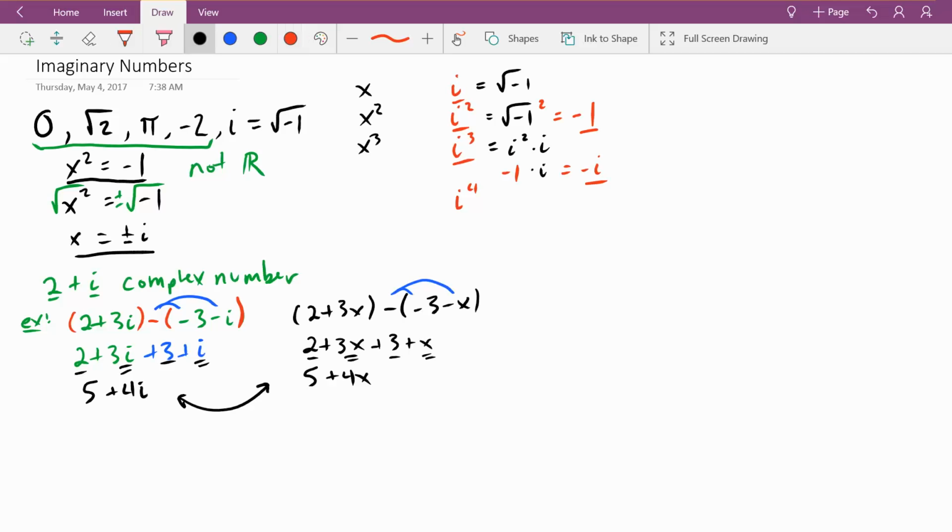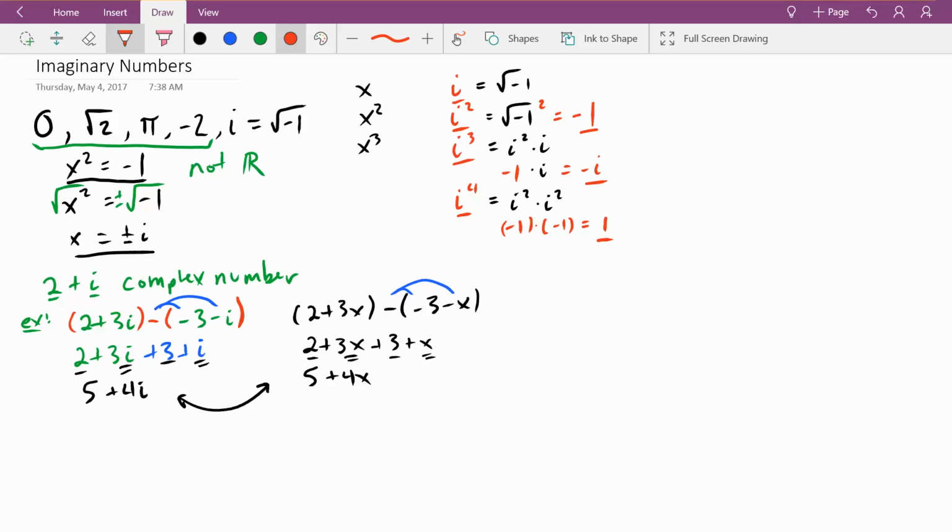Let's investigate i to the fourth. Well, i to the fourth we could represent as i squared multiplied by i squared. But again, i squared we knew is -1, right? So -1 multiplied by another -1 is +1. Therefore, i to the fourth is +1.